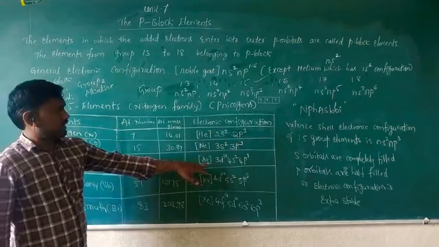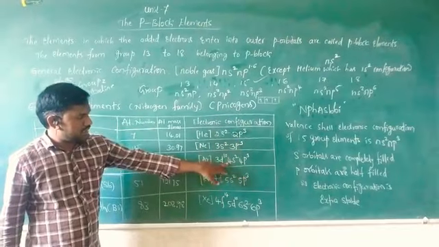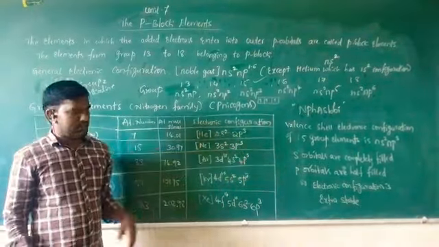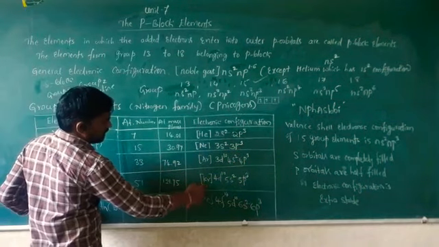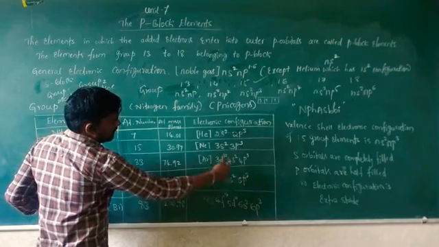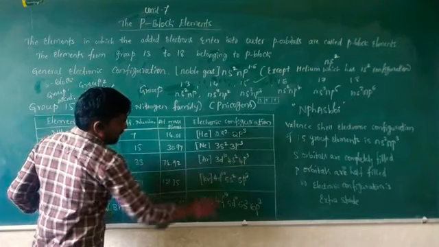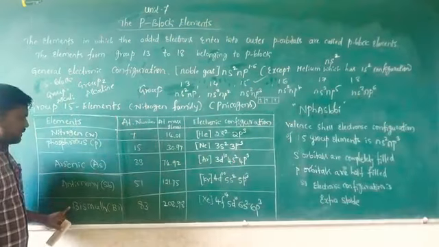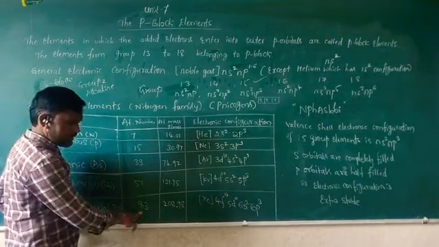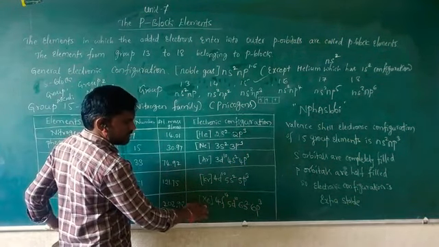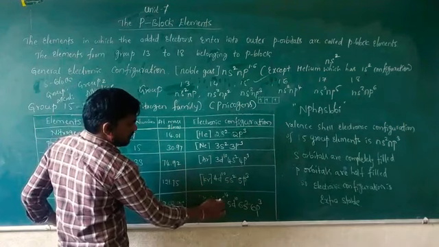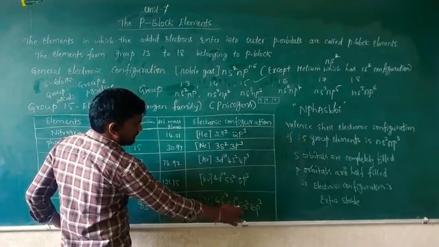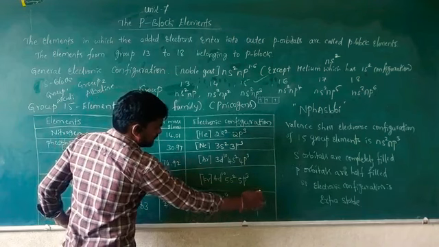Arsenic, argon followed by 3d10 4s2 4p3. Antimony, atomic number 51, krypton followed by 4d10 5s2 5p3. Bismuth, atomic number 83, xenon followed by the entire 4f14 5d10 6s2 6p3.